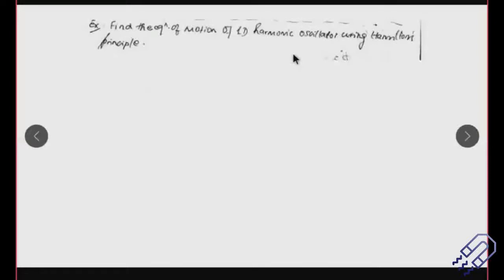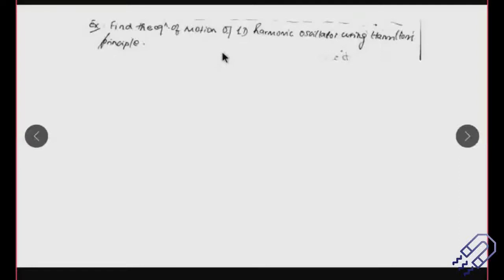Okay. So the next question is you have to find the equation of motion of a one-dimensional harmonic oscillator using Hamilton's principle. So here also we can find the Lagrangian of a one-dimensional harmonic oscillator.